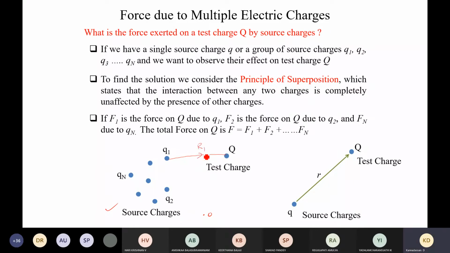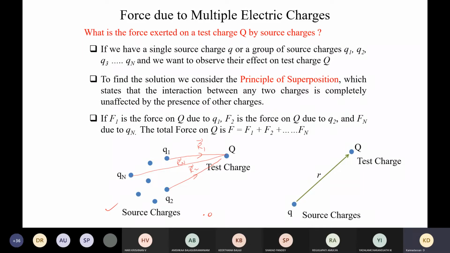We can call it the R1 vector, then R2 vector, then Rn vector. Like that, we find all these line vectors between the source and test charges, and by putting them into the summation, we get the total force acting on a particular charge.